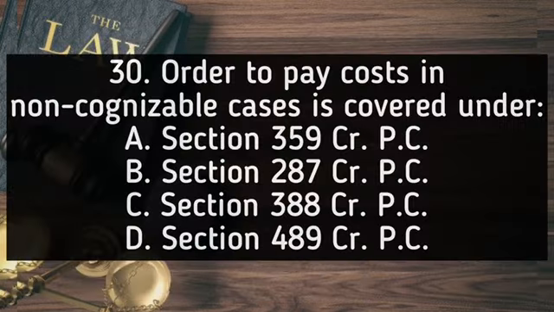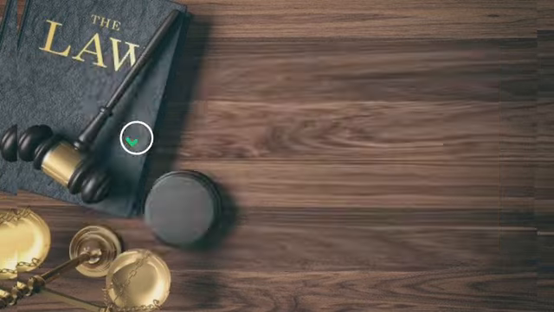And our last question says, order to pay cost in non-cognizable cases is covered under Section 359 CrPC, Section 287 CrPC, Section 388 CrPC or the last Section 489 CrPC. The answer for this question is option A, Section 359 CrPC.